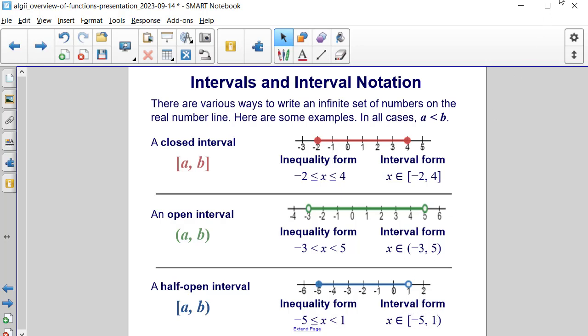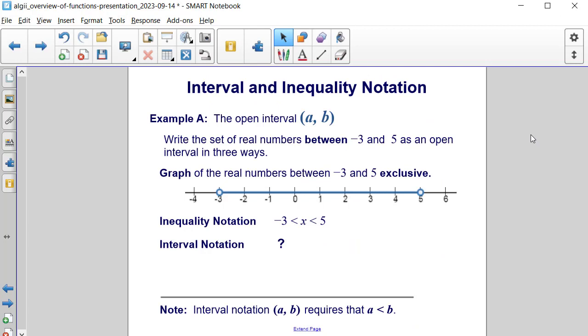is included. Here's an example for an open interval, which means using parentheses from a to b, where a is less than b. Write the set of real numbers between -3 and +5 as an open interval in 3 ways.